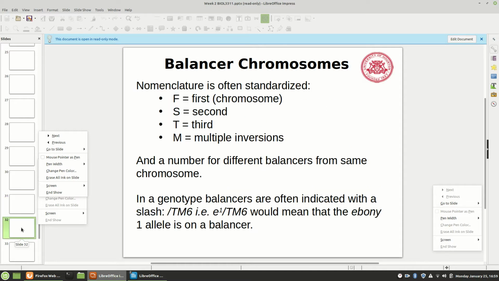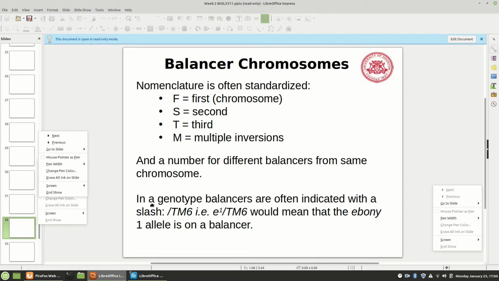So let's talk about how you describe them. F will mean first chromosome, S second, T third, and N means multiple inversions. So this is kind of like the location. Which chromosome is our balancer on?